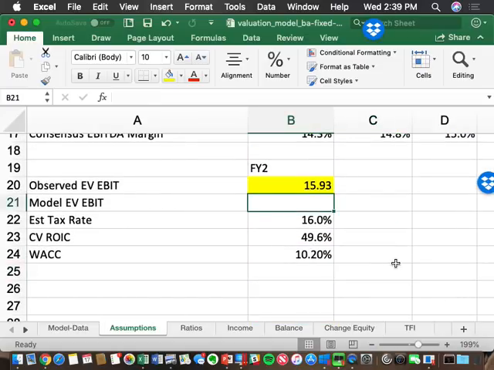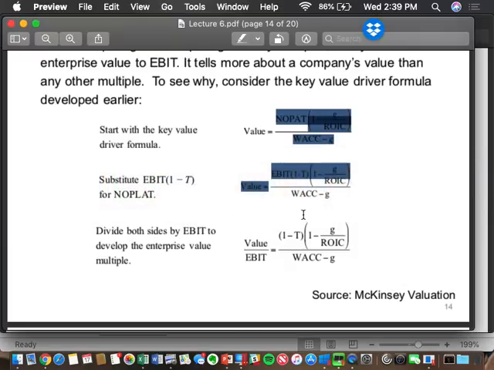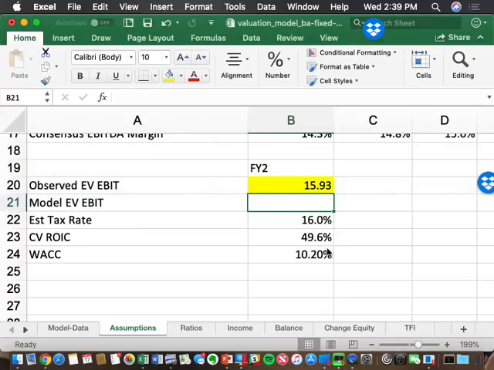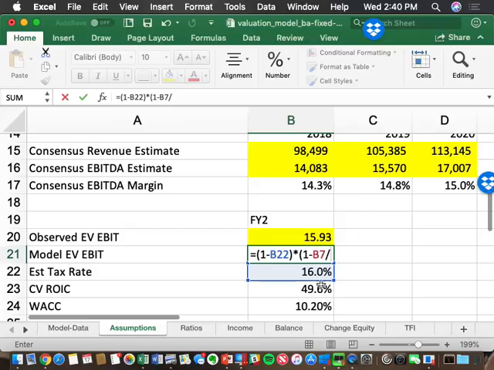Okay, so let's go ahead and do this. So for the model EV to EBIT, I'm going to put this equation into this model: equals left paren 1 minus the tax rate, times left paren 1 minus the G divided by the ROIC, right paren.